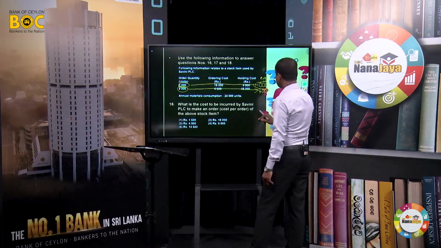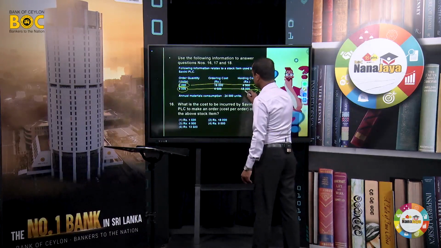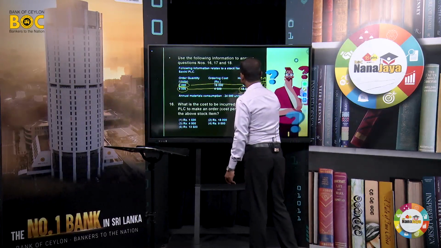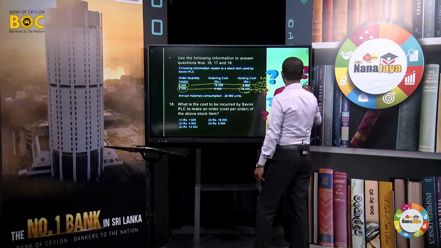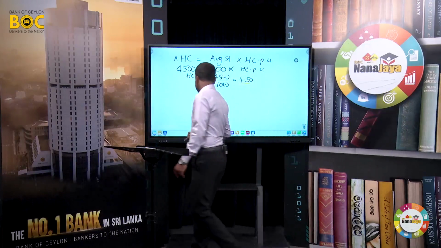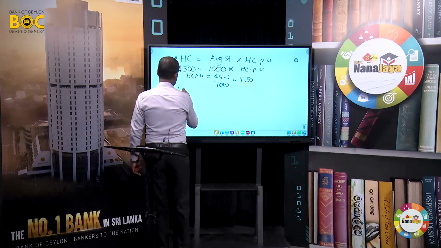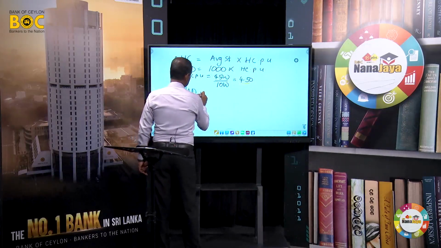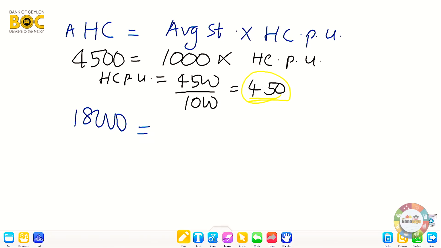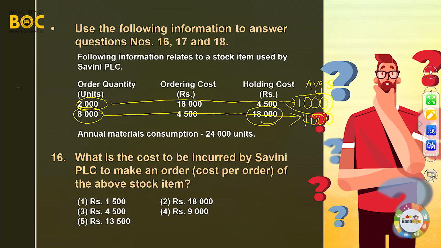In the second situation, total holding cost is 18,000. 18,000 equals average stock. Average stock how much?